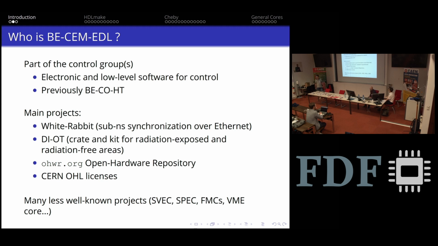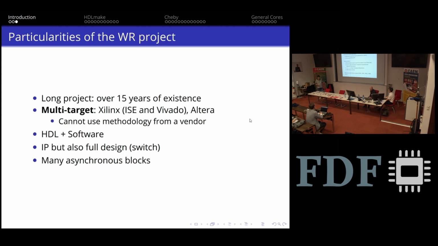We are also at the origin of the ohwr.org website, and of the OHL license. And in addition to that, we also do a lot of major but less well-known projects like carriers for PCI, VME, and other standards.